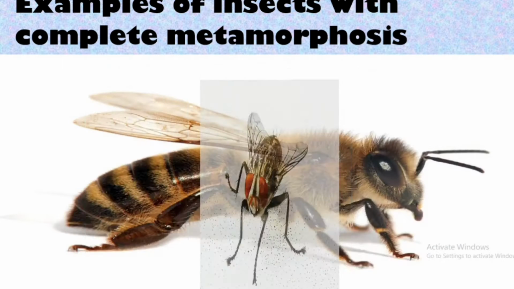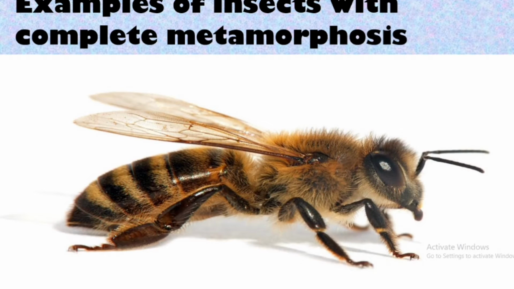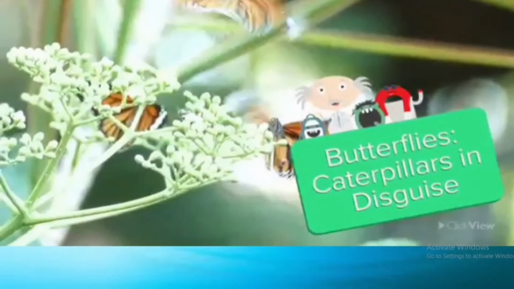Housefly. And that is the bee. Okay, now we're going to quickly look at one example, looking at the life history and observing the different changes that occur as the organism begins its development from egg to the adult stage. Happy viewing.